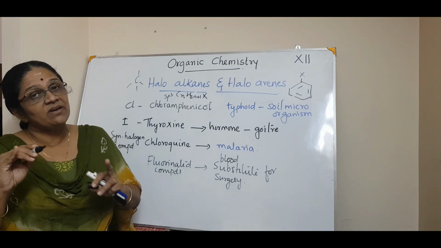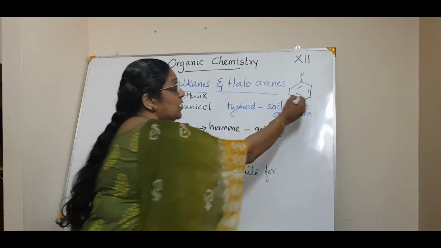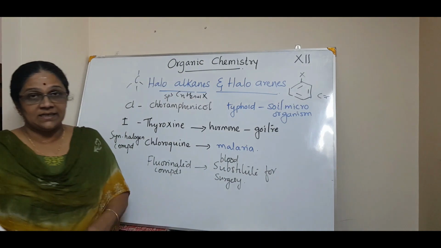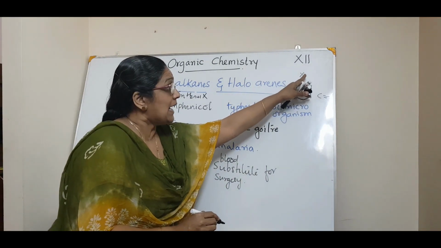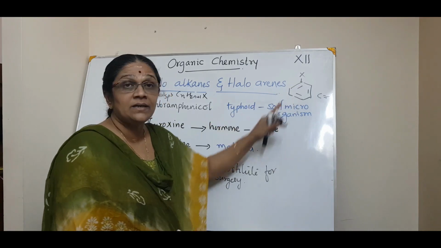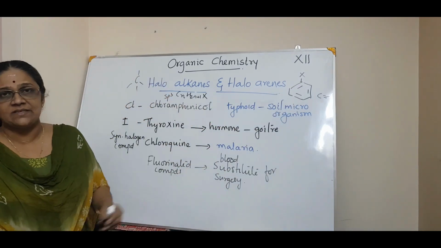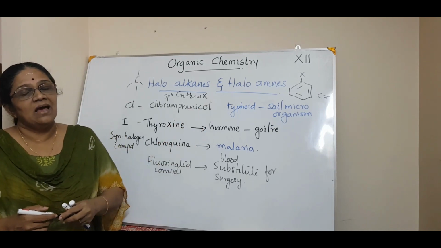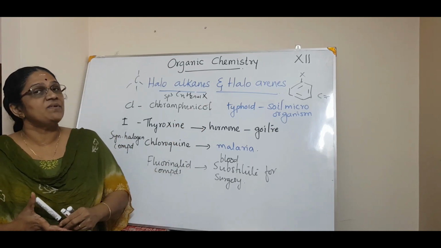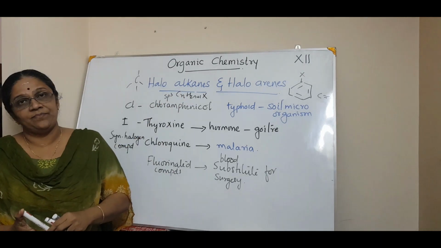You know the difference between sp2 and sp3. sp2 means what? Carbon-carbon double bond, isn't it? So here the halogen atom is attached to a carbon-carbon double bond. Okay, so that is the main difference. Now we will see later in detail about these haloarenes. First we will deal with haloalkanes.